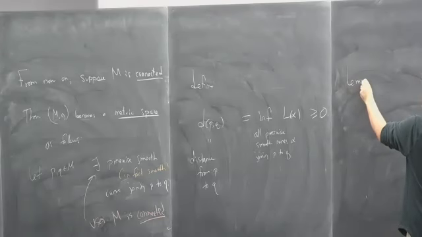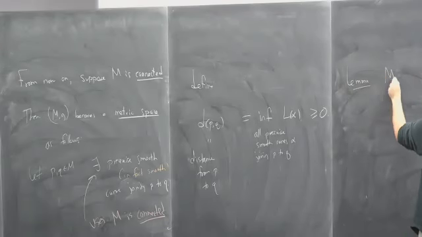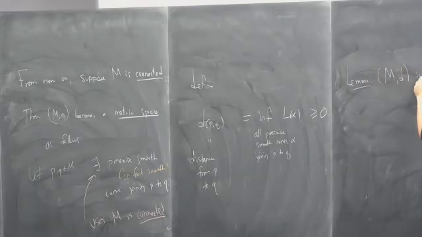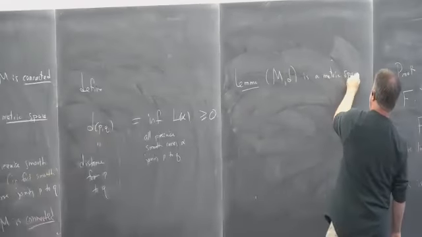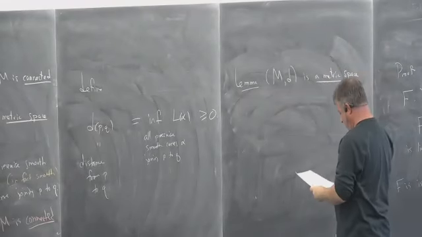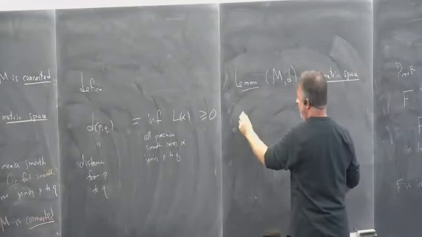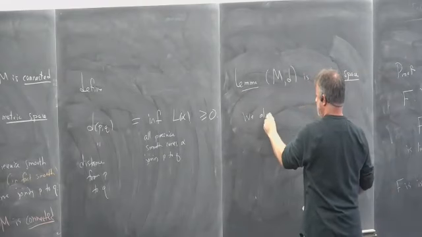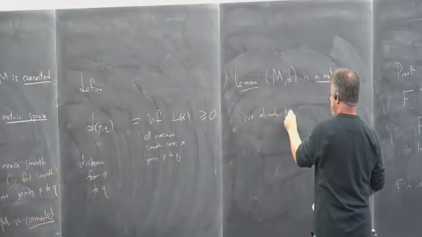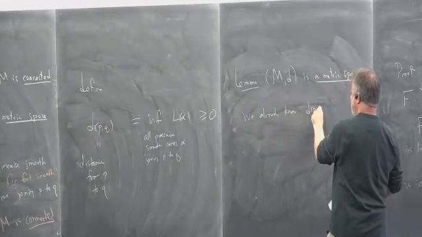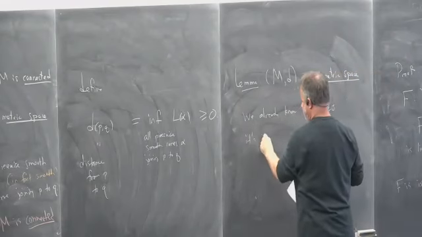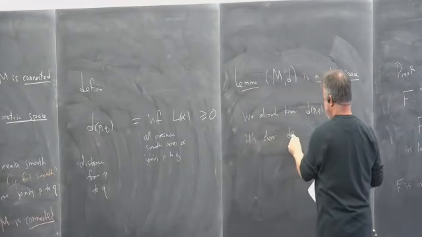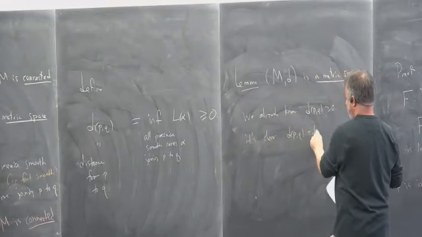The lemma: (M, d) is a metric space. So we already know that d(P,Q) is greater than or equal to 0. And it's clear that d(P,Q) equals d(Q,P).